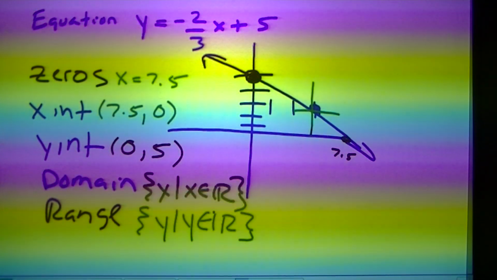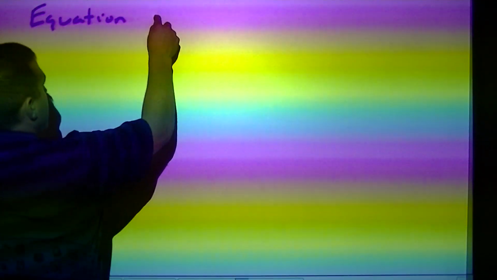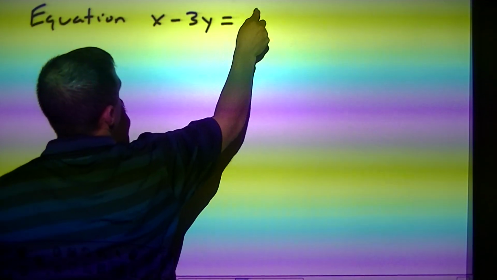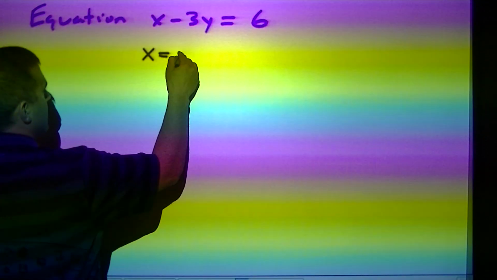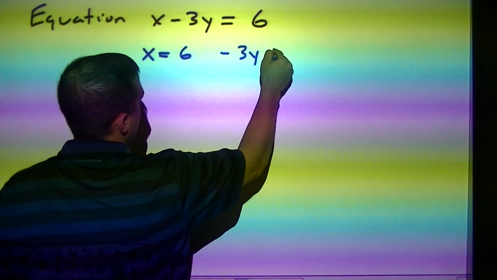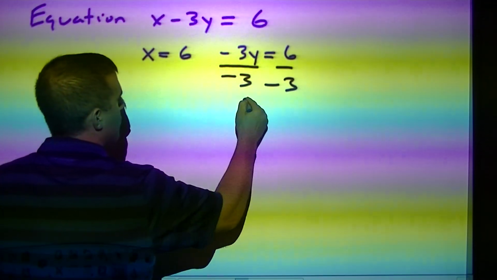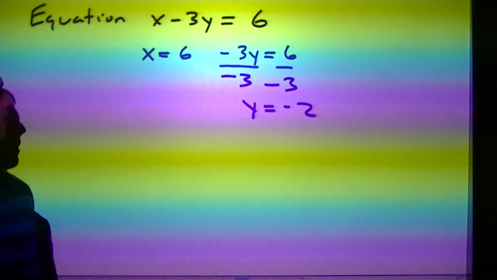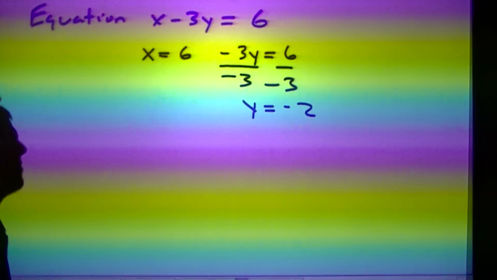Let's say my equation is x minus 3y equals 6. So what I do is I say x equals 6, negative 3y equals 6. Make sure you bring that negative with it. Divide by negative 3, that's y equals negative 2. That's the 6. It's already by itself. So when x and y are on the same side, that's what you do.